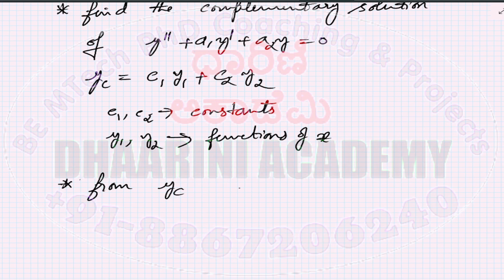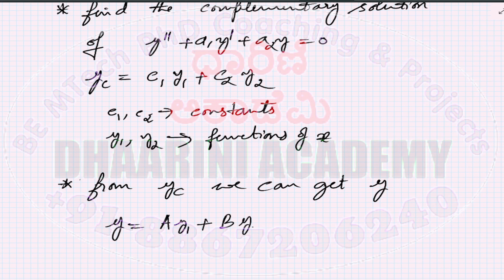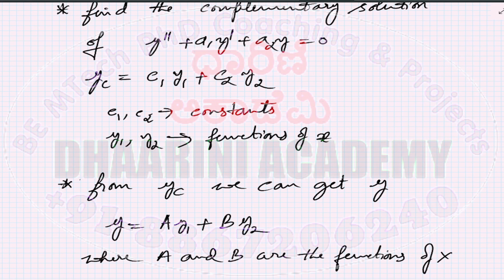From yc we can get y, that is, y is equal to, look at the previous equation, wherever we had a constant we are going to replace it by capital A. Now this A is actually a function of x, so this could be capital A times y1 plus some B into y2, where A and B are functions of x, in the sense I need to find them.